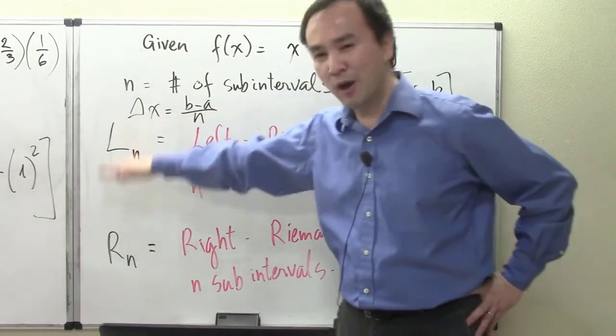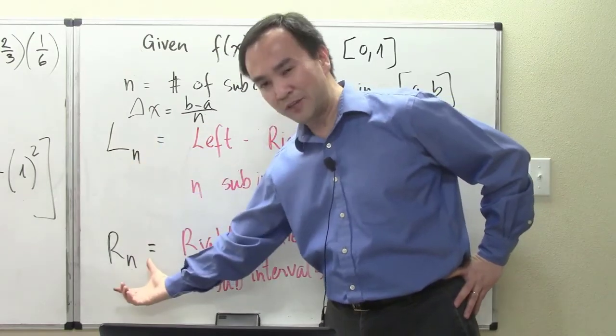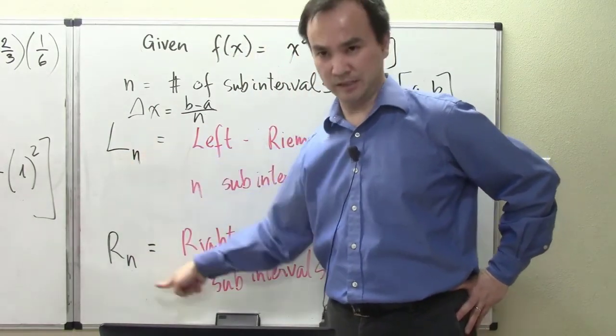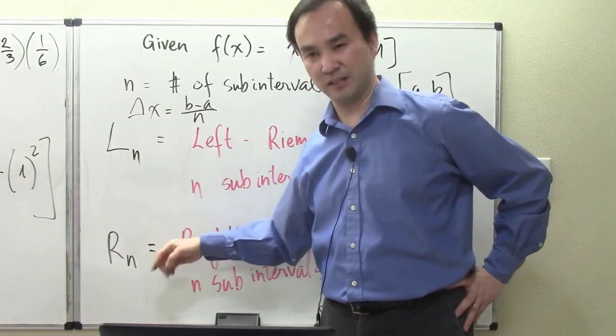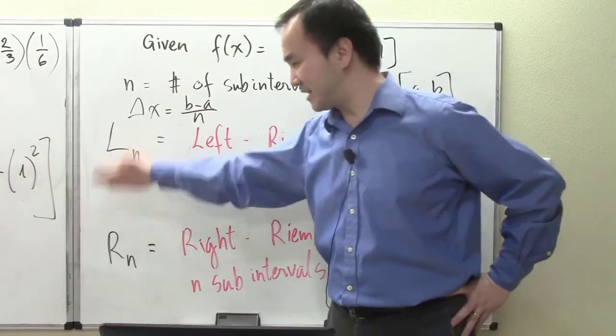So the only way of doing that, doesn't matter if you're using the left endpoint rule or right endpoint rule, is to keep increasing the number of subintervals so that you keep getting better and better approximations. And that's why I said it's really just a choice.